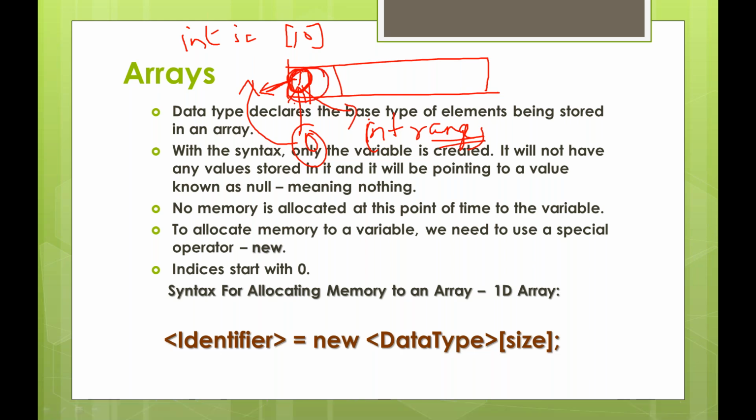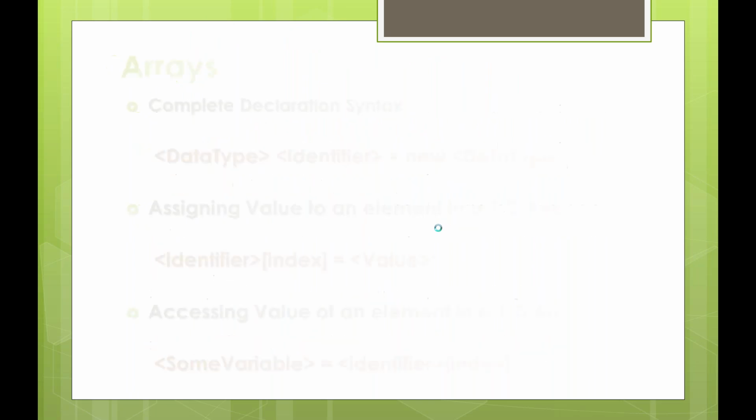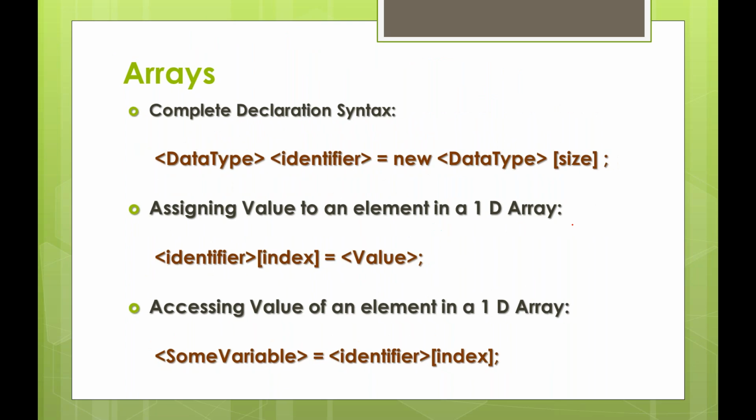Here we are talking about only one element. It is not for the whole array. I will clarify that when we move further, so let us move to the next slide, and then maybe it will be very clear.